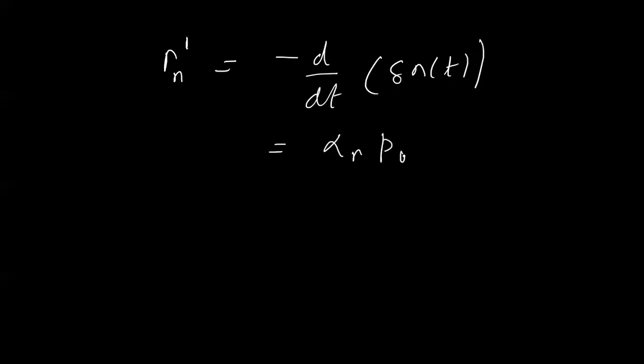Recombination means the concentration will decrease, so I'll put a minus sign, and then d by dt of this delta n(t), which can be written as alpha r p0 delta n(t).